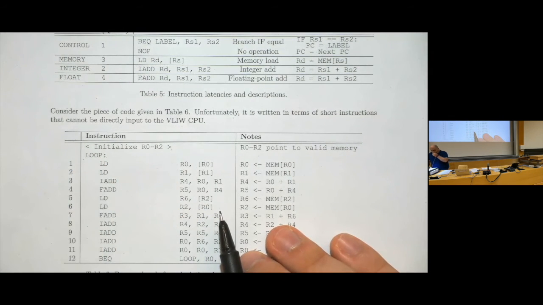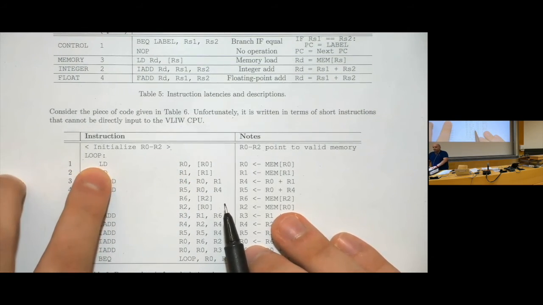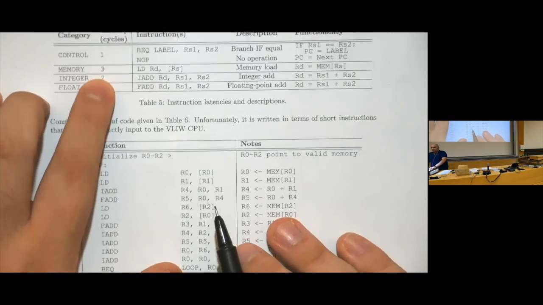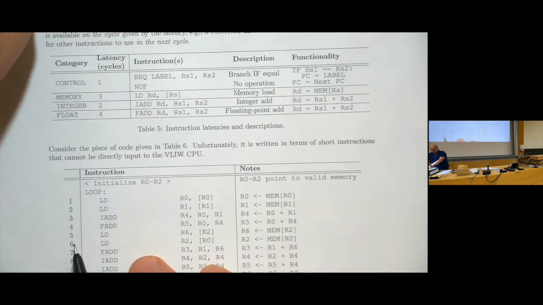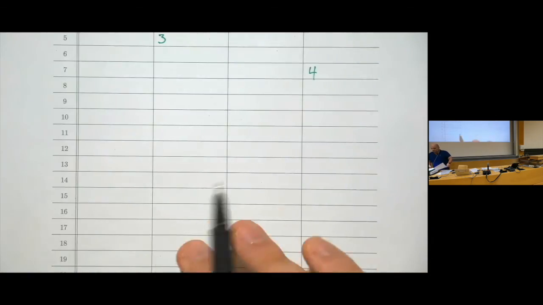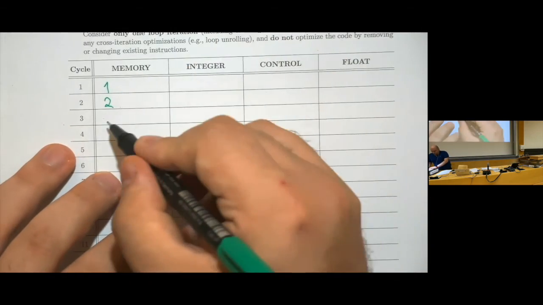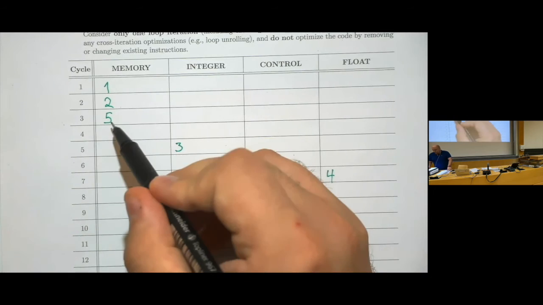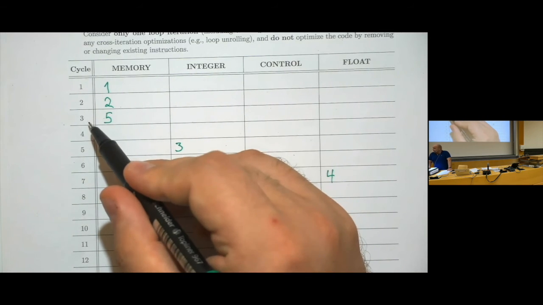The most recent instruction to modify R0 was the first instruction, a load, and we need to remember that this has a latency of 3 cycles. So we want to schedule instructions 5 and 6. For the first one, not a problem. We can just schedule it as soon as possible. The earliest slot available in the memory column is this cycle here.